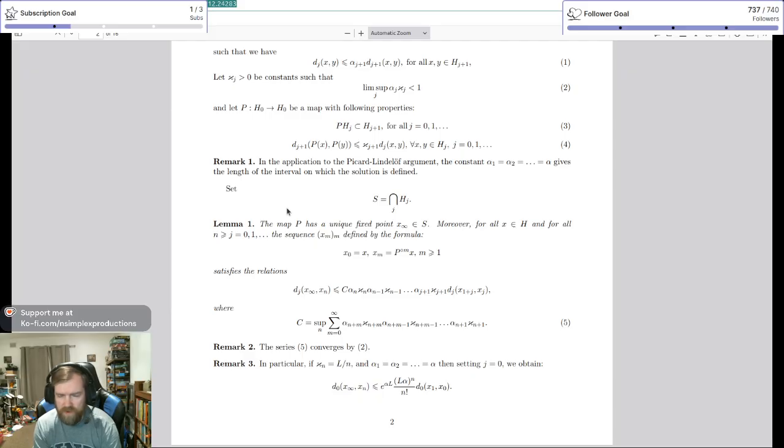Okay. In particular, if kappa sub n is equal to L over n, and alpha 1, alpha 2, etc. through alpha are equal to each other, and setting j equal to 0, we obtain that d sub 0 has to be less than or equal to e to the alpha L times (L alpha)^n over n factorial times d sub 0 of x sub 1, x sub 0.